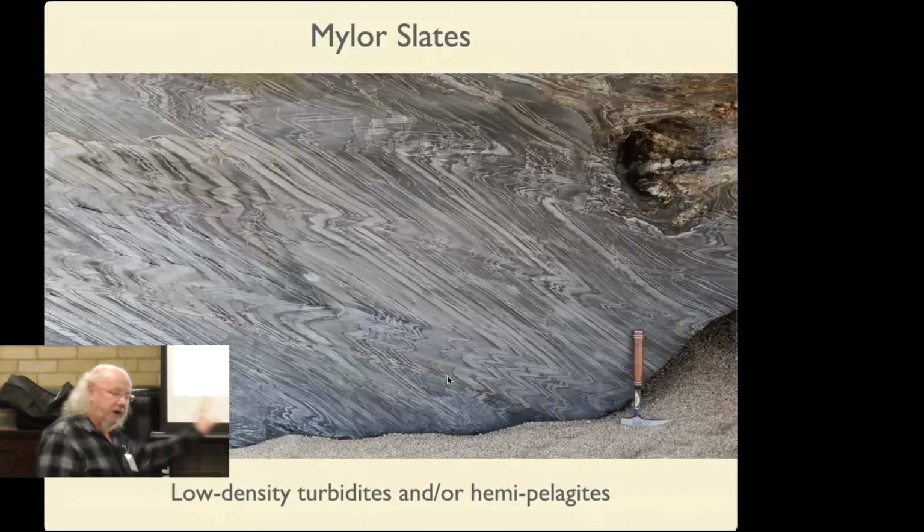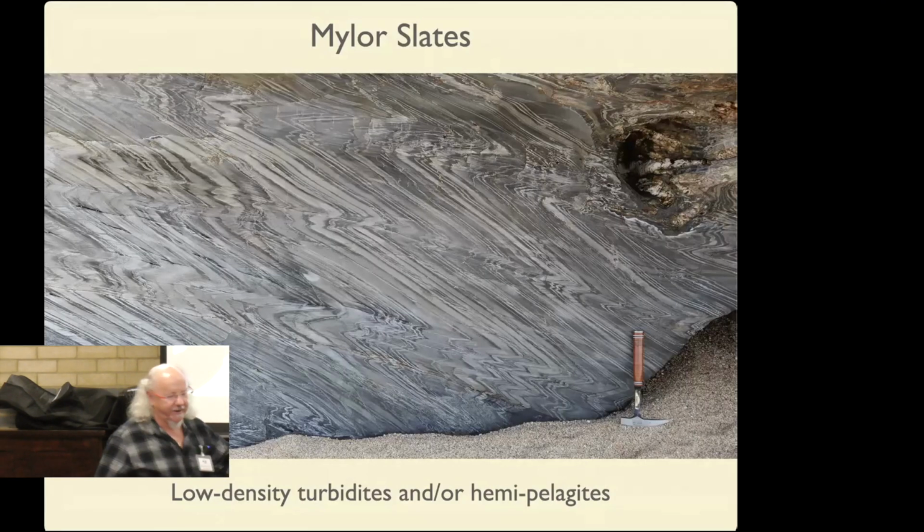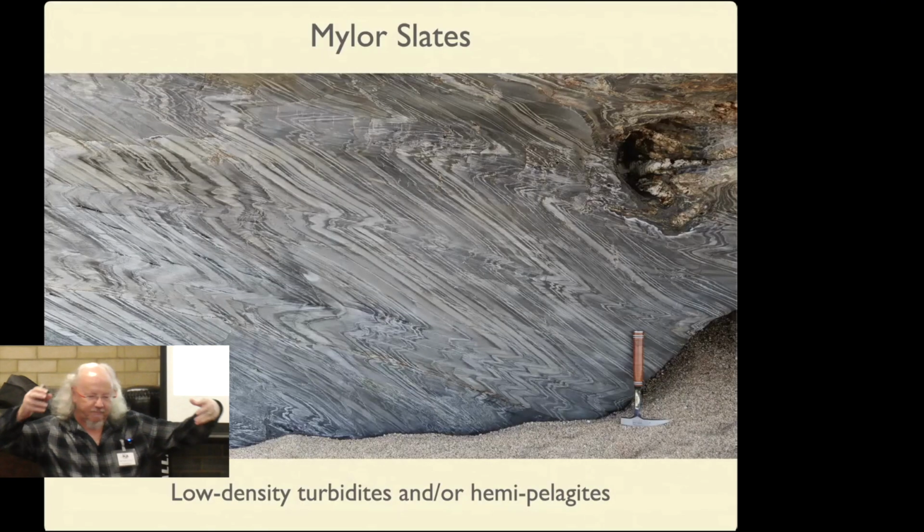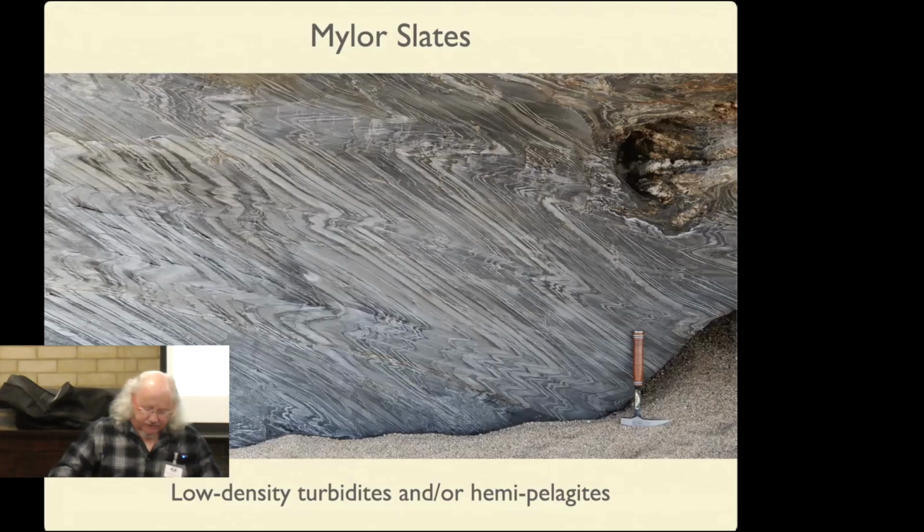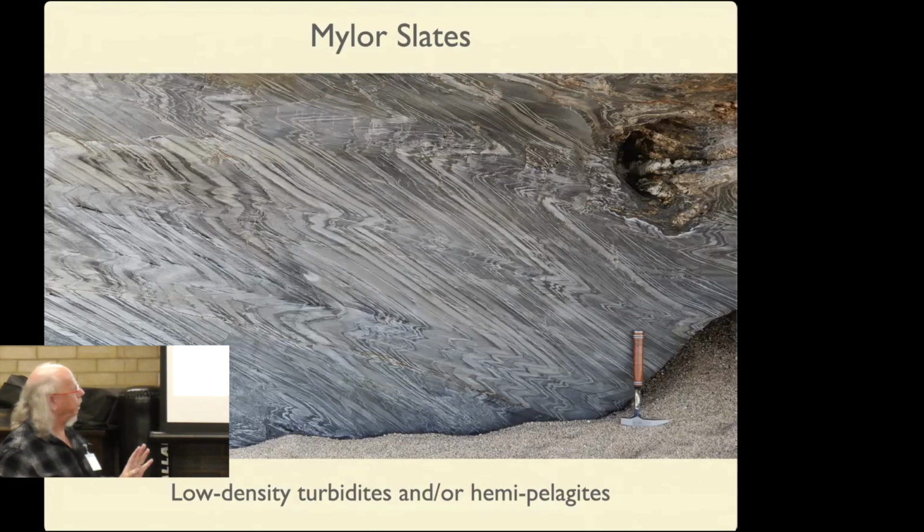These are low density turbidites, or possibly hemipelagites. Now, hemipelagite is basically where you've got a big disturbance in the sediment, and that cloud of sediment moves out from the margin and then just settles out. So you can get things literally raining down after a big old storm, as well as these flows.